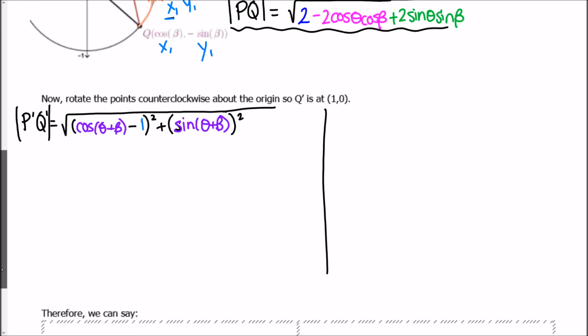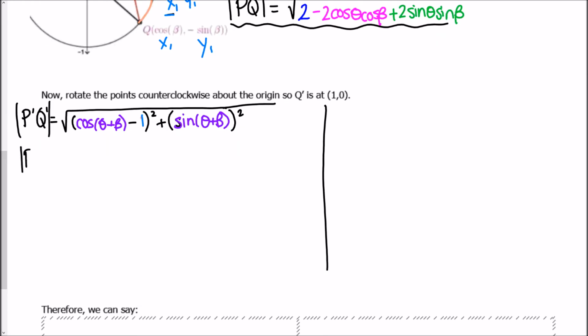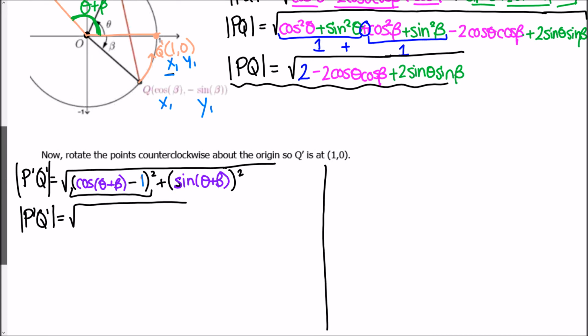We'll do some expanding right here. So that means that the absolute value of p prime q prime is going to be equal to, if I were to expand this using FOIL, cosine squared theta plus beta, okay? And then this is going to be doubled, so minus 2 cosine of theta plus beta, okay?